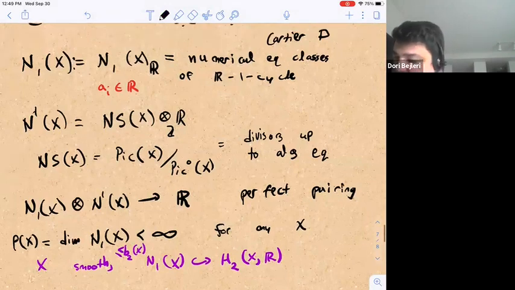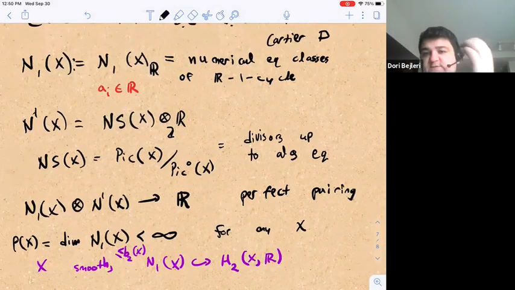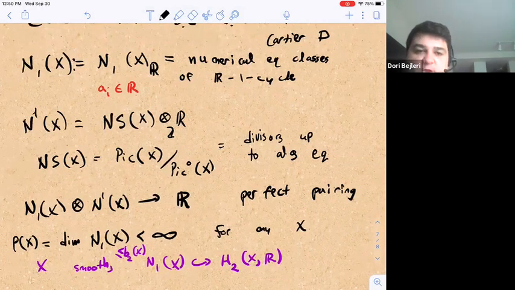Okay, and maybe the philosophy in higher dimensions, or an important point, is that on surfaces we had both curves and divisors, and they were the same thing. So every time we were working with a curve, it maybe wasn't so clear whether the important thing was that it was a curve or that it was a divisor.